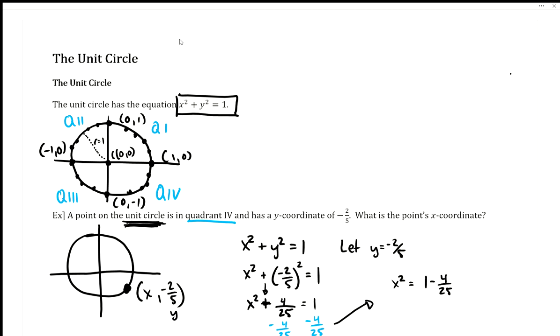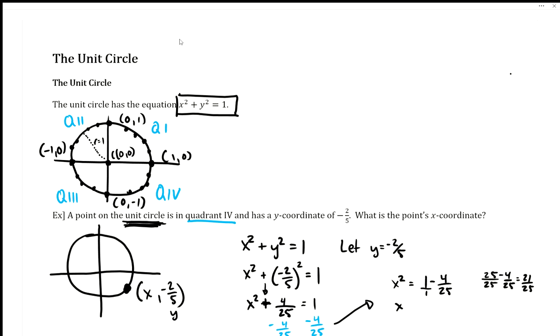The 1 minus 4/25. We know 1 is 1 over 1. And so we would need to multiply the 1 on the bottom and the top by 25. Okay, so if we do that, here's my scratch work. It would be 25 minus 4, each of those over 25. So 25/25 minus 4/25 would be 21/25.